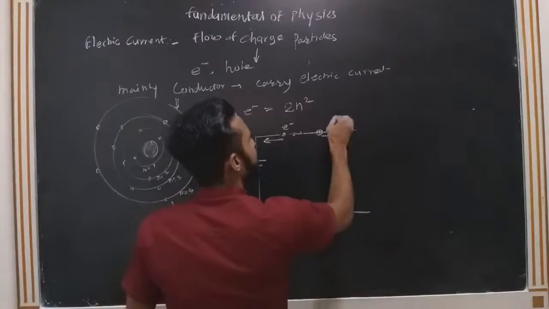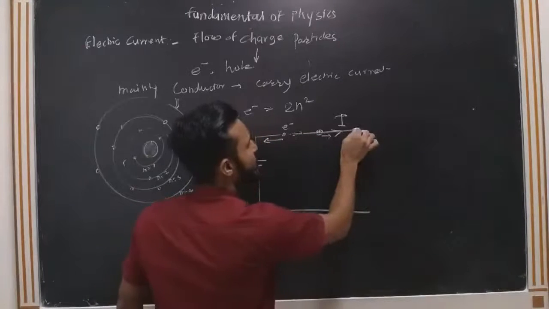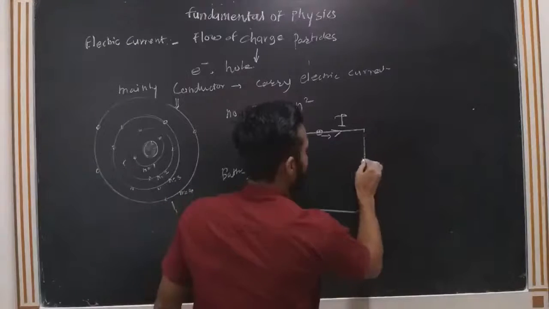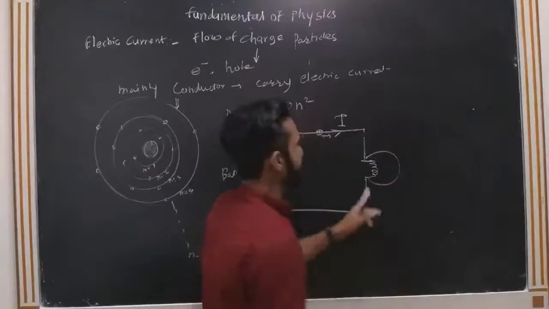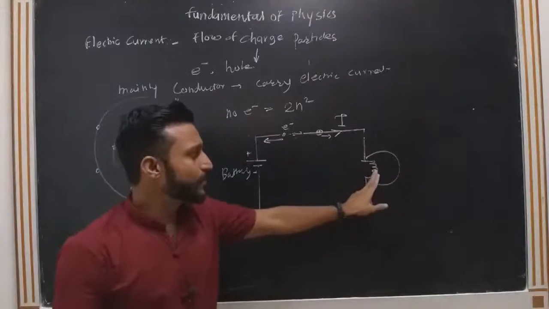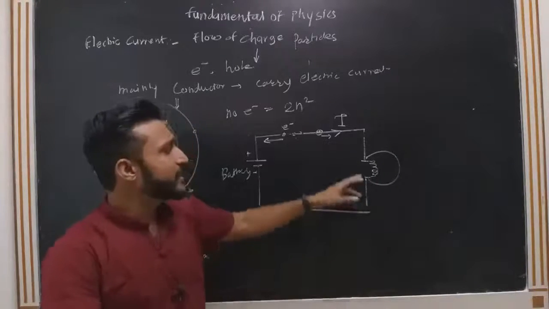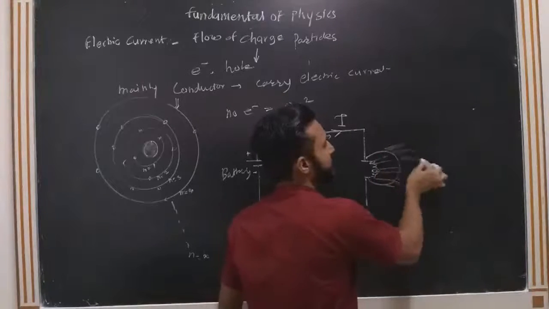We can say that the electric current I flows in the direction opposite to the flow of electrons. If we connect a bulb here, this is the tungsten filament. When the charged particles flow through this tungsten filament, the filament gets heated and emits radiation in the form of light, and we say the bulb is shining.